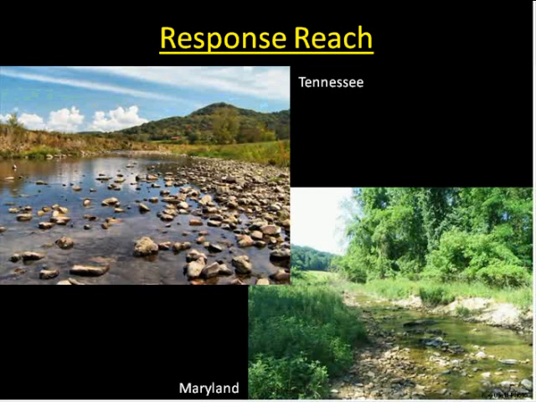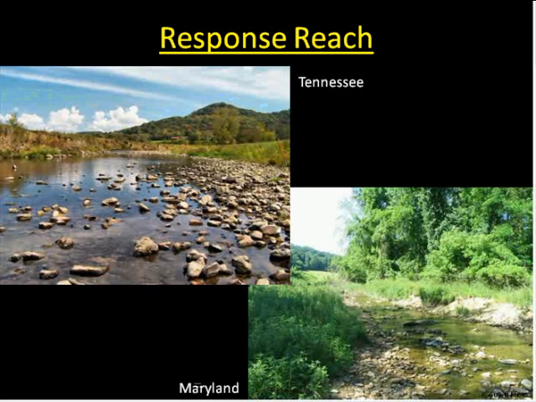Virtually all other stream segments in a watershed can be classified as response reaches. Slopes can be locally steeper, but the major differences are seen in overall smaller substrate sizes, more complex channel morphology, and the common presence of a well-defined floodplain bracketing the river. Plain bed and pool riffle architecture, as seen in these streams in Tennessee and Maryland, is common.